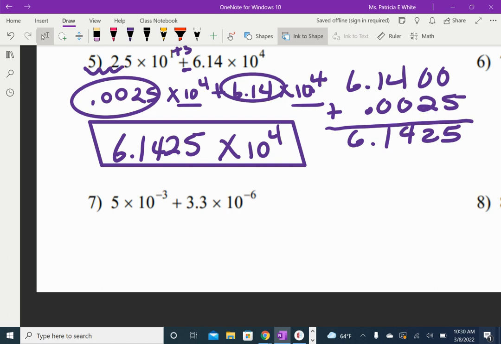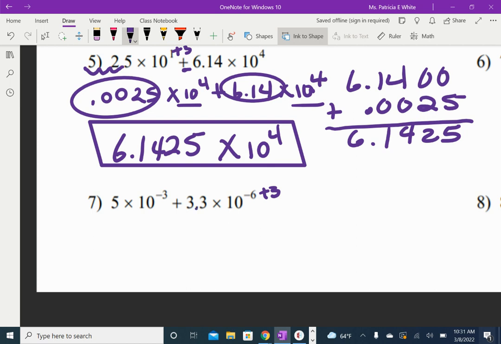I'm going to do 7. I have a -3 and a -6. Here's where we got to know those negatives. -6 is smaller. So I'm going to add 3 because -6 plus 3 will give me this -3.